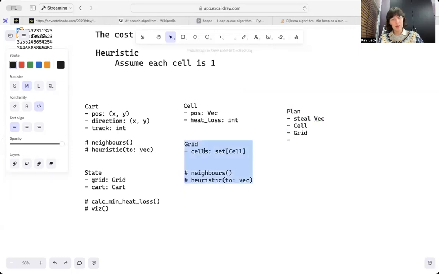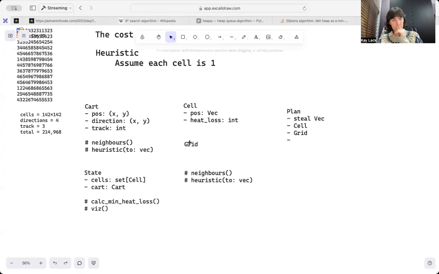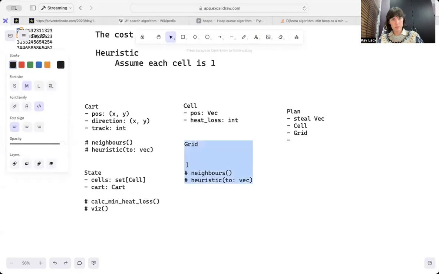Do we even need this? Then we can probably just put this in here. And actually, this can be a bit of effects too.